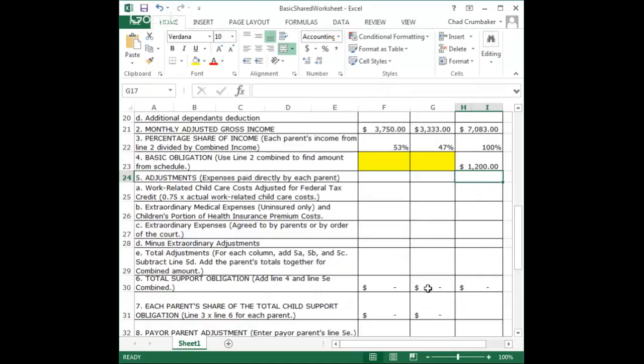So I ask you, who is the payor parent? George, right? He's the one who has to pay. How do we know it's him? Because the children reside with her. He has less than 35% of the overnights. So we just know he's the payor. So we're going to come down here and we'll say, as the payor, I think I have a calculation wrong in this box, or I didn't put it there.